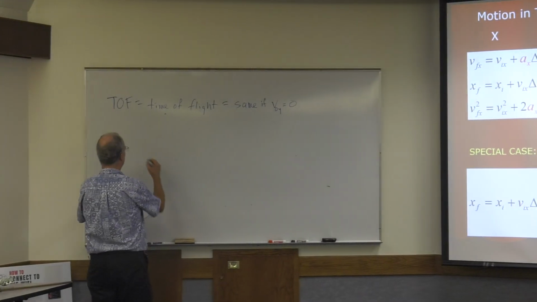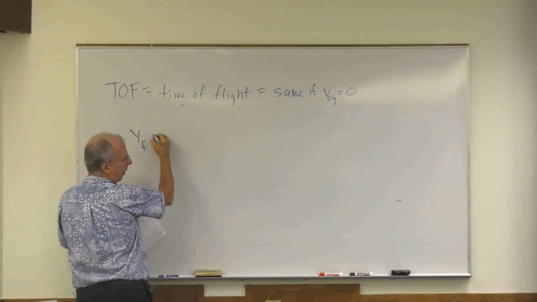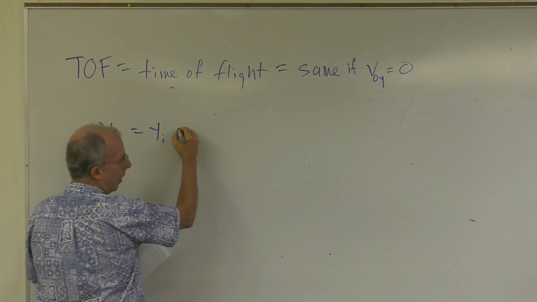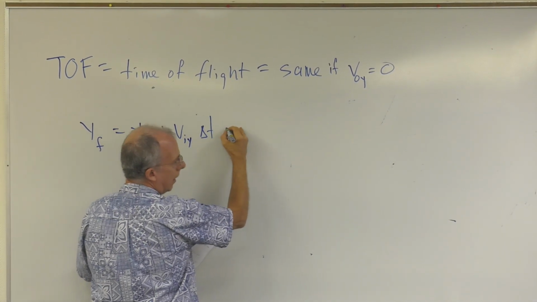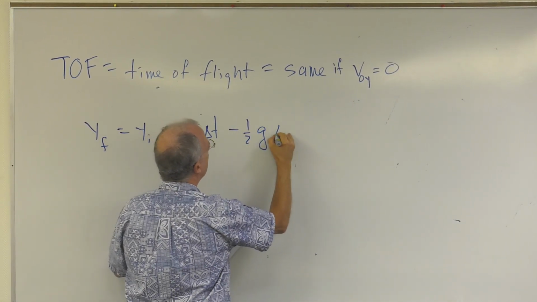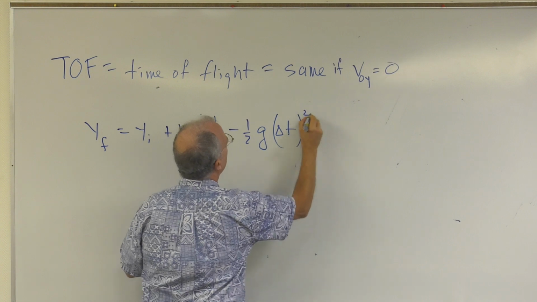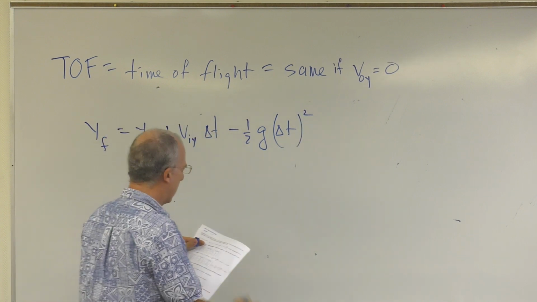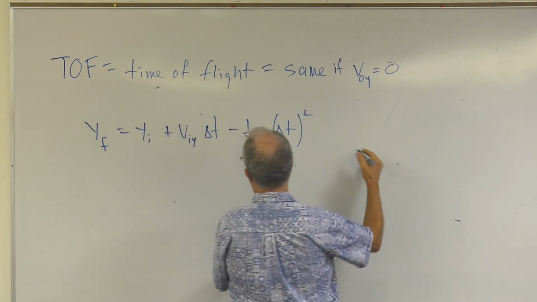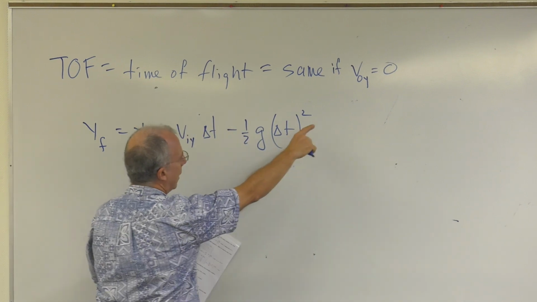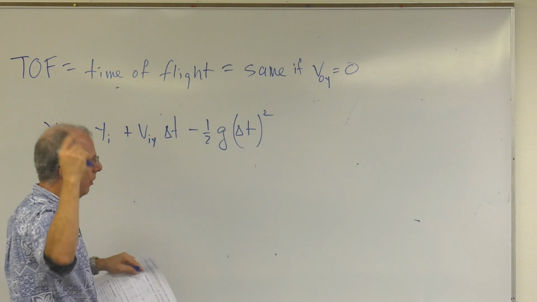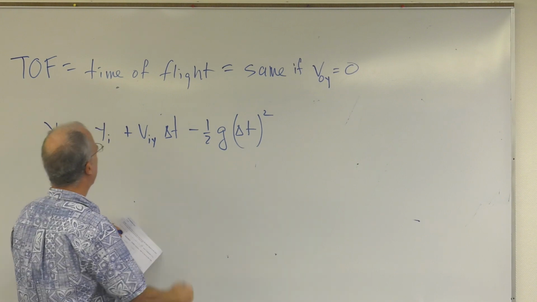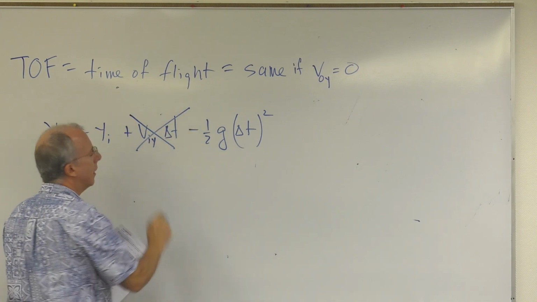The second one: y final equals y initial plus v initial y delta t minus 1/2 g delta t squared. Now, this is v initial y, who cares how you label it, but this is 0, so goodbye.